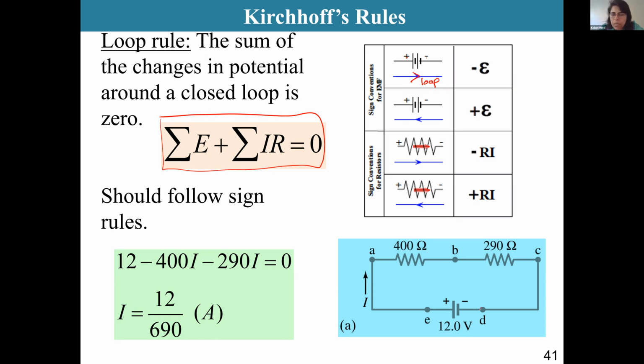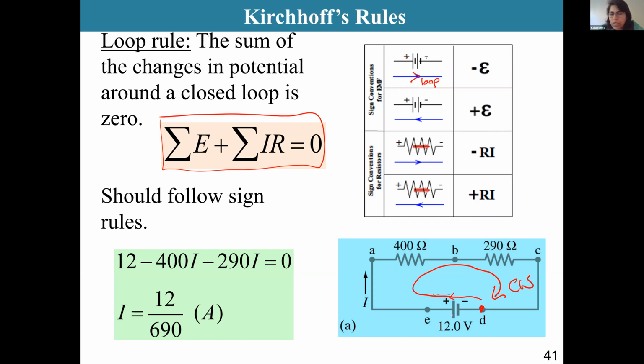Simple example, earlier you remember I started from here, and I am traveling in the loop in this direction. That is the clockwise direction. So I travel in the clockwise direction. Now when I travel through the battery, I travel right to left, right?